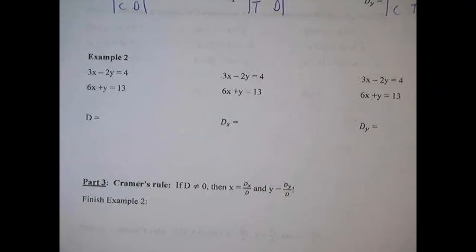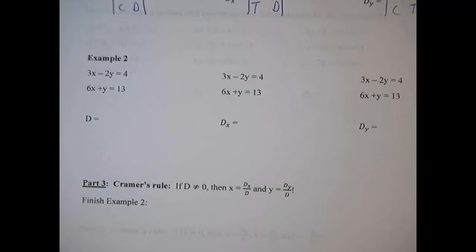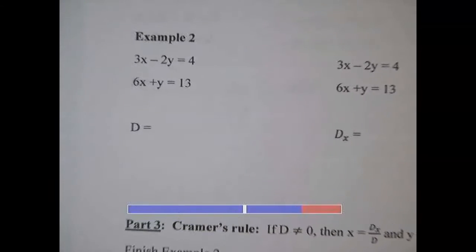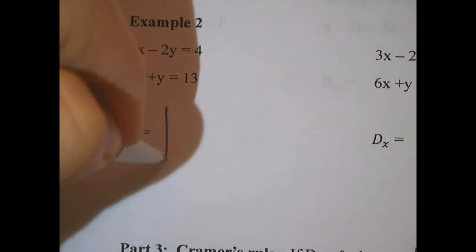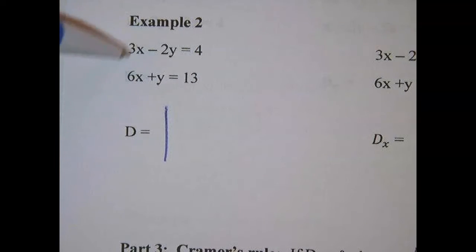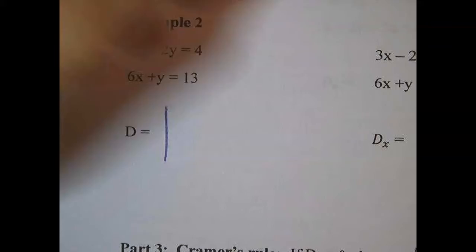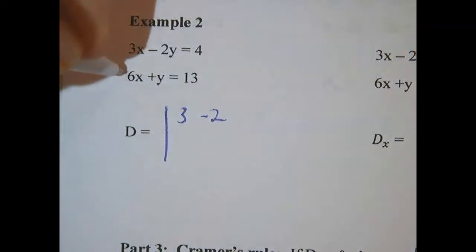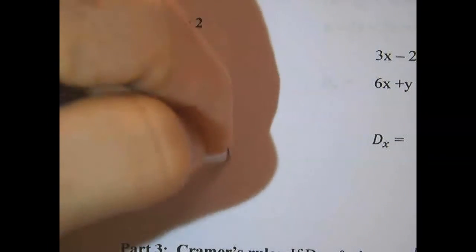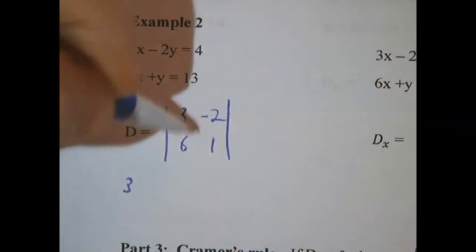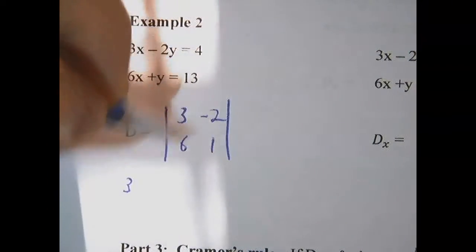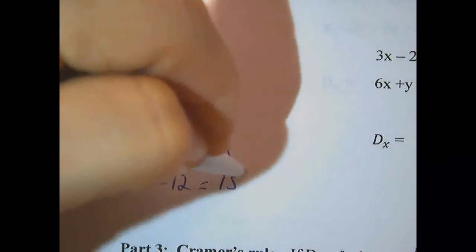You can check this because you already know how to solve the system of equations, but I'm going to find the 3 determinants we just talked about. D is the determinant that just keeps the coefficients of x and y: 3, -2, 6, 1. That's 3 times 1, which is 3, minus -2 times 6, so minus -12, which gives us 15.